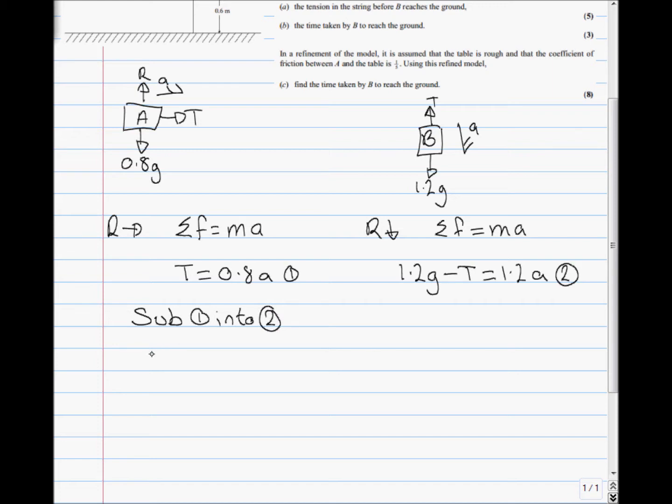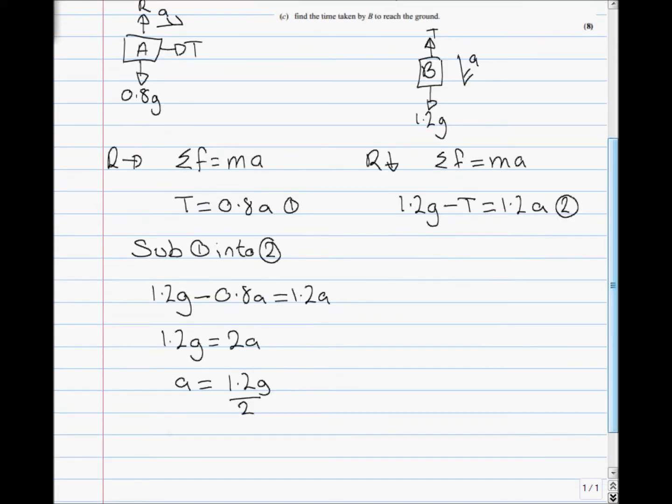So I've got 1.2 g minus 0.8 A equals 1.2 A. Rearranging, I've got 1.2 g equals 2A, so A equals 1.2 g over 2, or A equals 0.6 g.